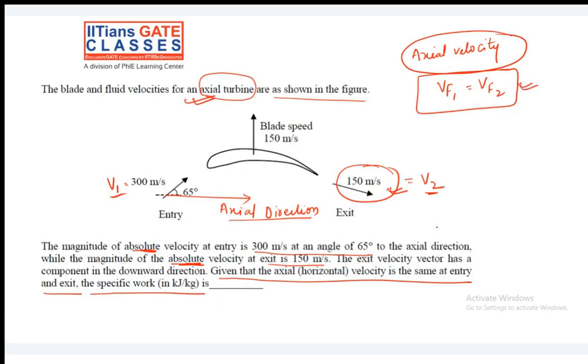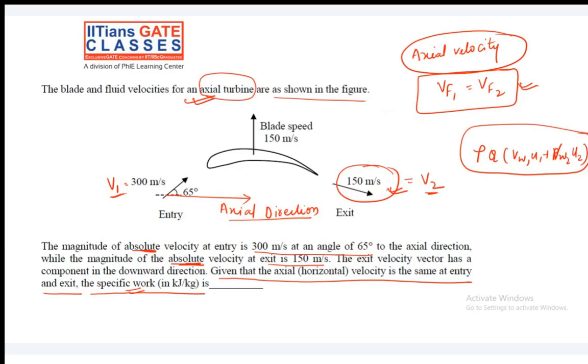So now your job is to find out the specific work. And how do we find out the specific work? This is rho times Q into vw1 u1 plus vw2 u2. This is how we will do it.